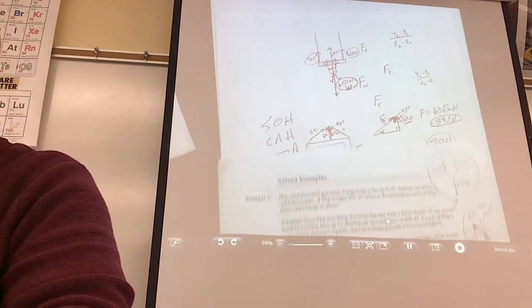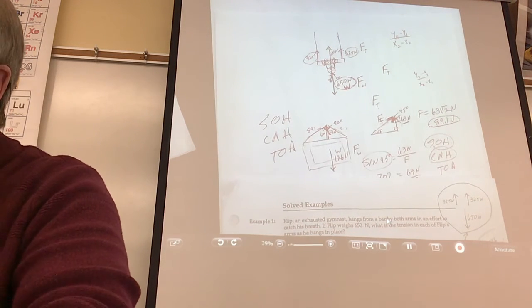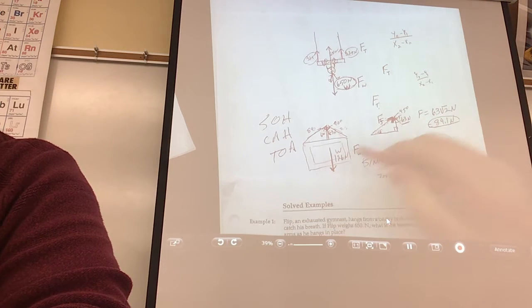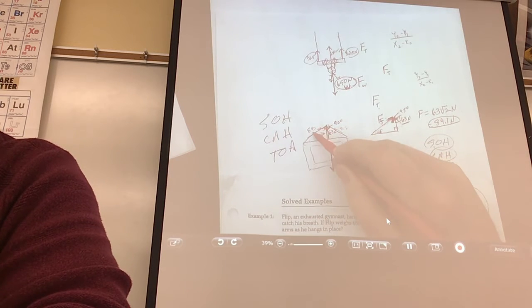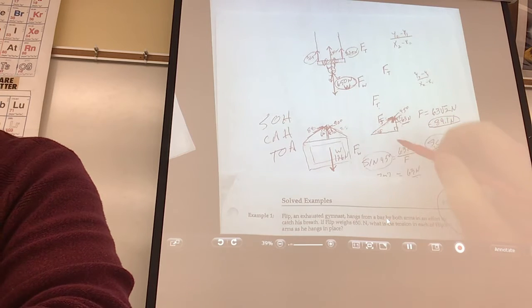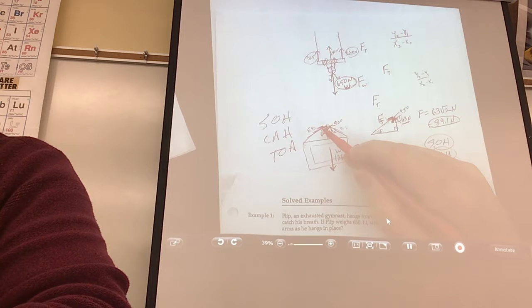Okay, let's go to the next one now. The next one was a picture that was hanging, and even in this case, the picture weighed 126 newtons. We know that there's a tension force going this way on that wire and one going this way. So in a way, this wire is not asked to support the whole weight.